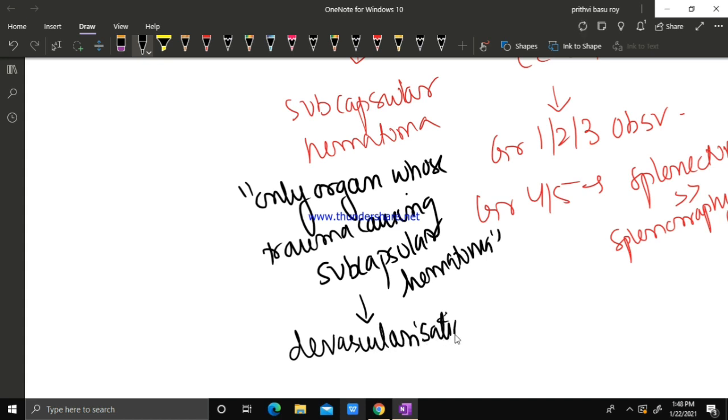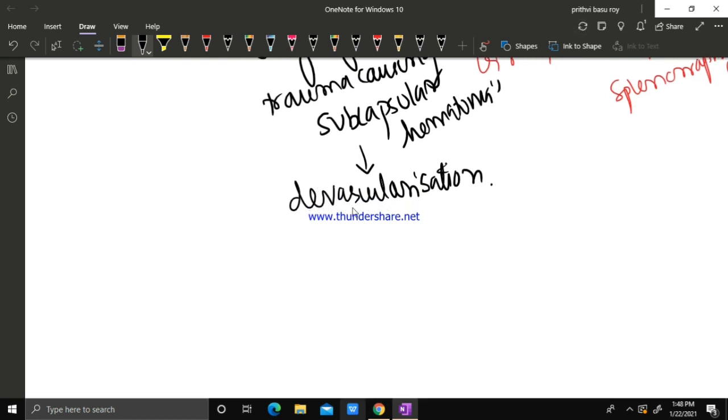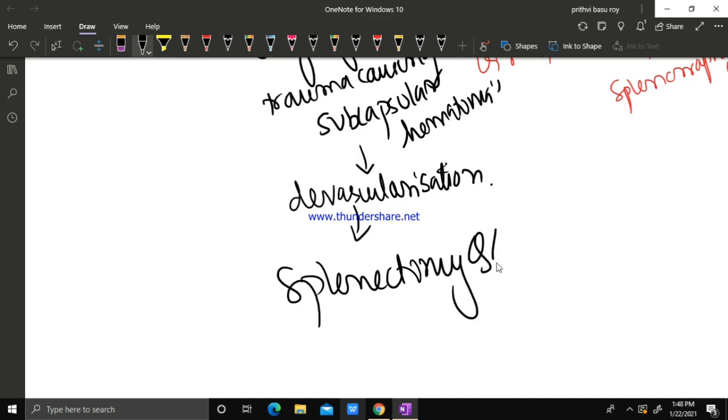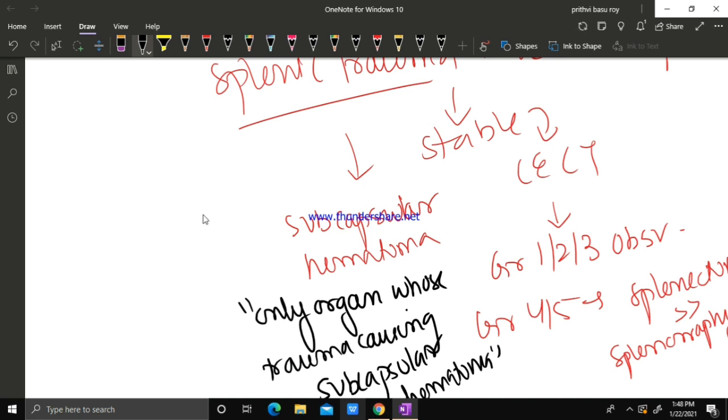Because once the hematoma starts forming, there is no stopping it. It will completely devascularize the spleen. So you have to do a splenectomy. Again, a viva, honors question. Anyways, it might be asked. So this is what you're going to say.